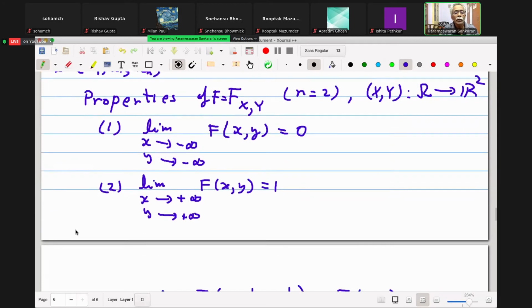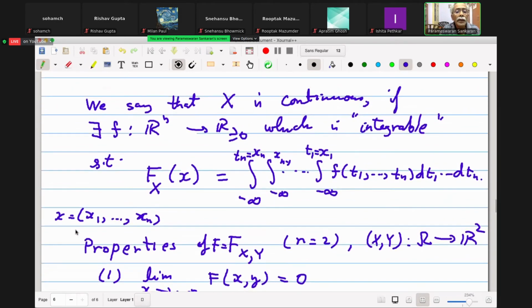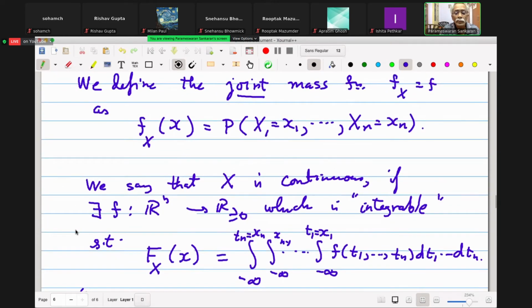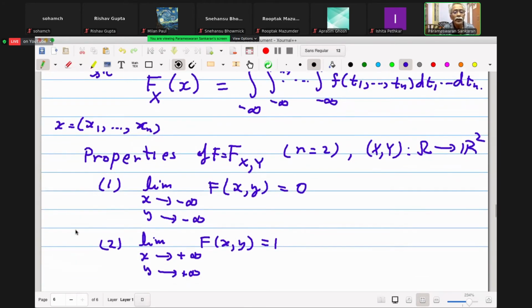I left out one thing that is important. Did I not write that? Yeah, of course, I forgot to write that. Let me recall that zeroth property. So what is the zeroth property? F_X, so this is an obvious one.